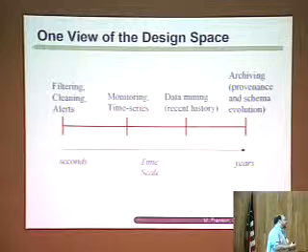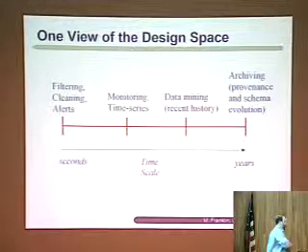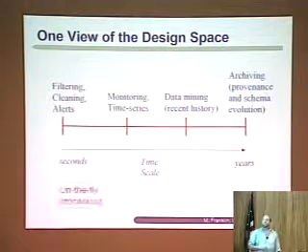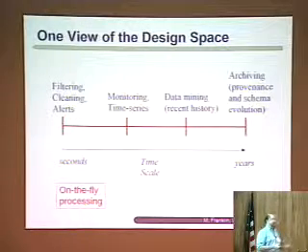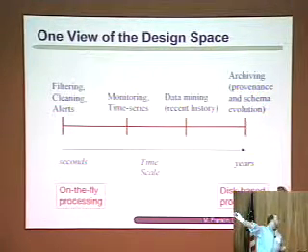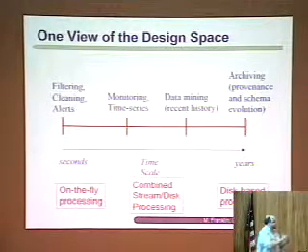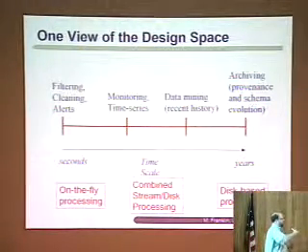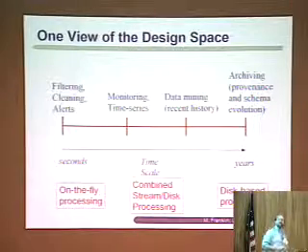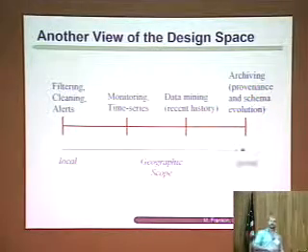You're doing analysis over it, even offline analysis. So here you're processing things very quickly on the fly, and here you're running maybe a traditional kind of data warehouse. In the middle is the interesting spot, where you're trying to merge streaming data and archive data. Another way to slice this space is geographically.